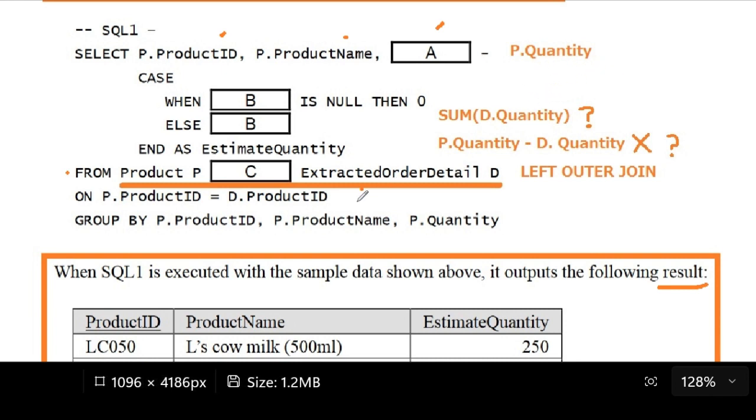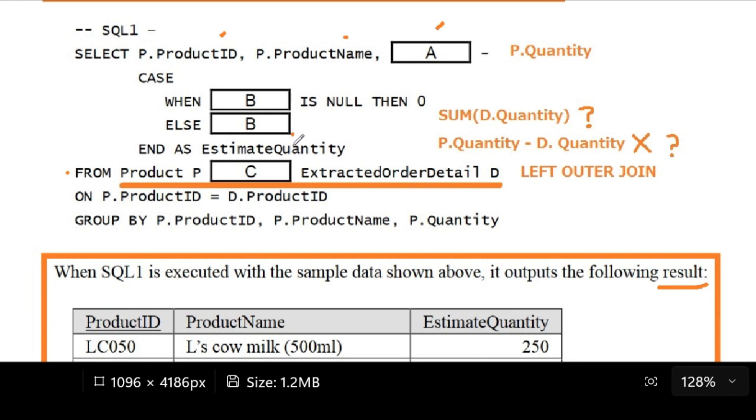Now, where does this extracted order detail table come in? We need it because we have to find the value for the P quantity. The way to get that is to do this command where it has when blank is null, then 0, else blank.